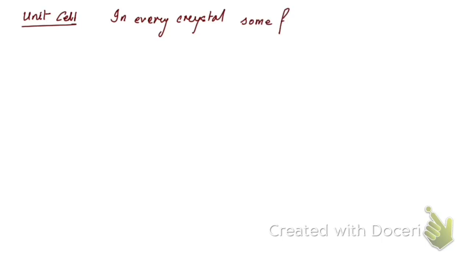So unit cell can be defined like this. In every crystal, some fundamental grouping of particles is repeated.